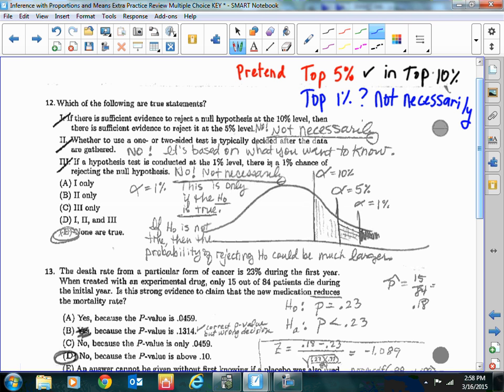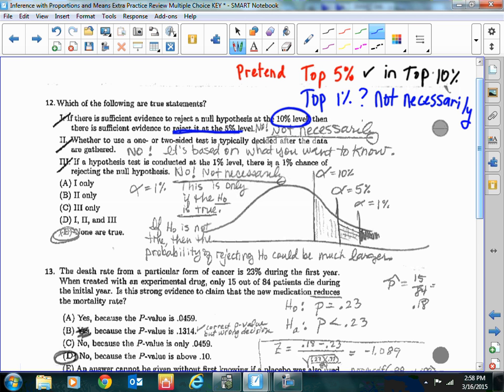If you reject at the 5% level, then you're in that upper 5%. So you would definitely reject at the 5% level. You would also reject at the 10% level, but not necessarily at the 1% level. Okay.